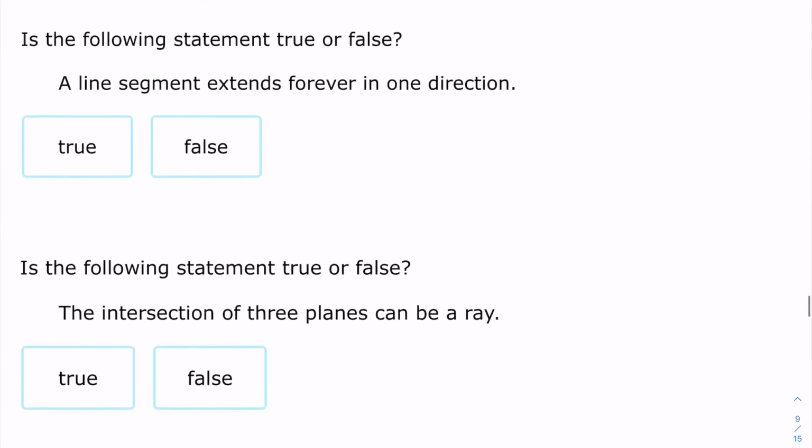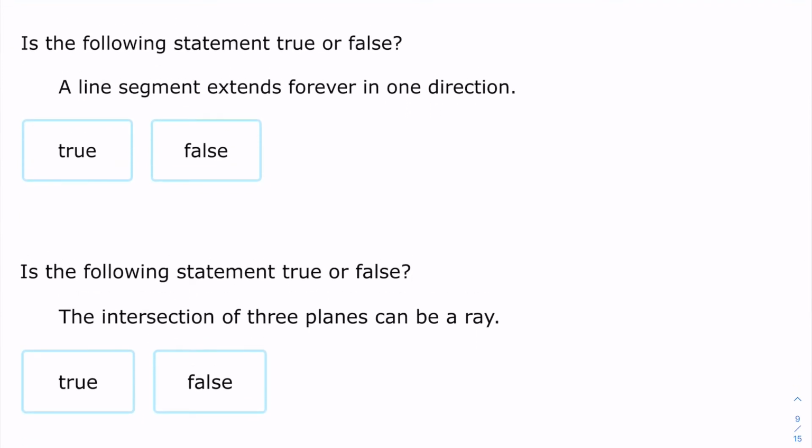Is the following true or false? A line segment extends forever in one direction. That's not true. That is false, and here's why. Here's a line segment.